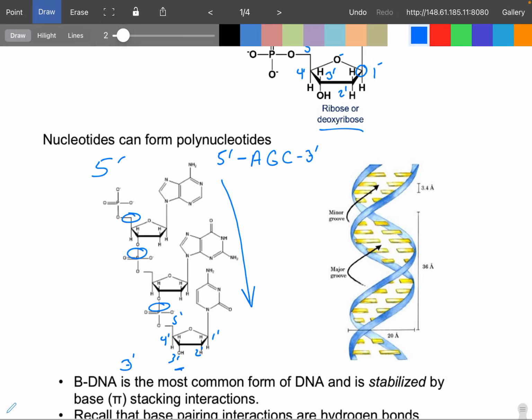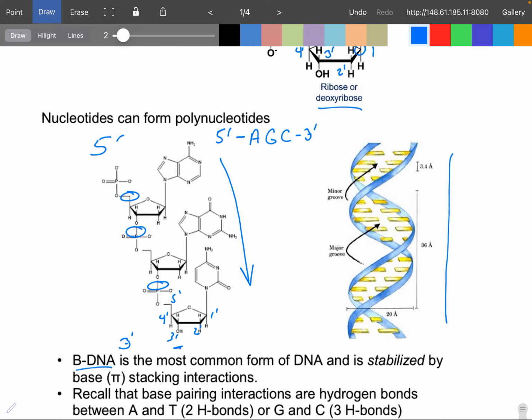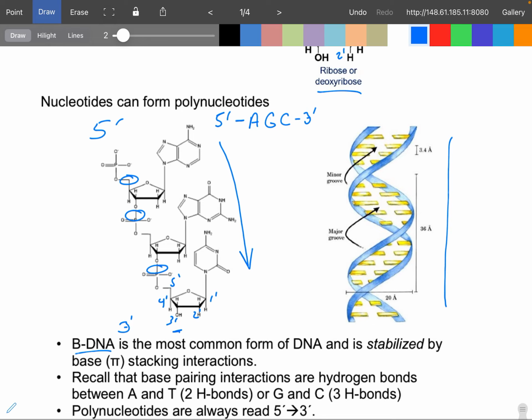I'm not going to worry too much about having you memorize the structures of these bases. That's not really the point here. It's more about understanding overall DNA structure, and particularly how it's relevant to the things that we're going to be covering in this course. Remember that B-DNA is the most common form of DNA, and that's what we're showing over here on the right. This is the way your genome exists most of the time. Of course, there are other types of DNA structures that occur during replication and those sorts of things.